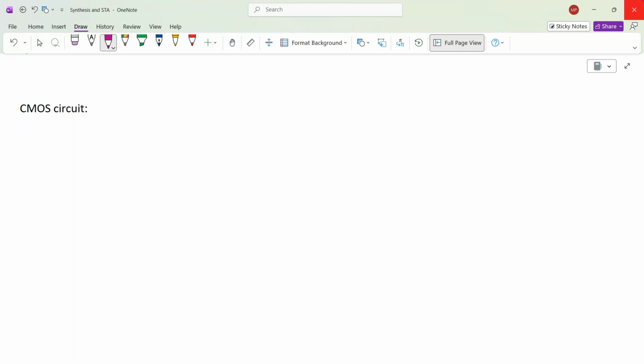The very first thing is CMOS circuits, the working of CMOS. I hope everyone knows the inverter circuit. How does it work?